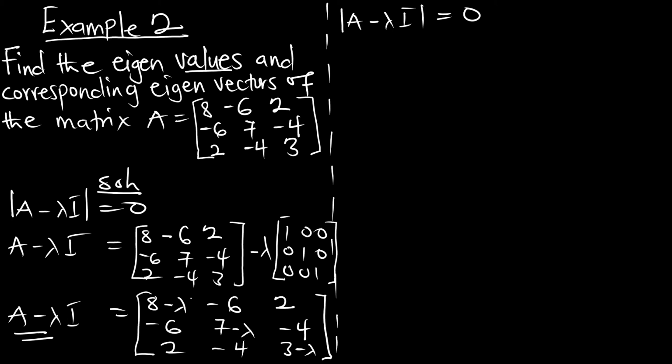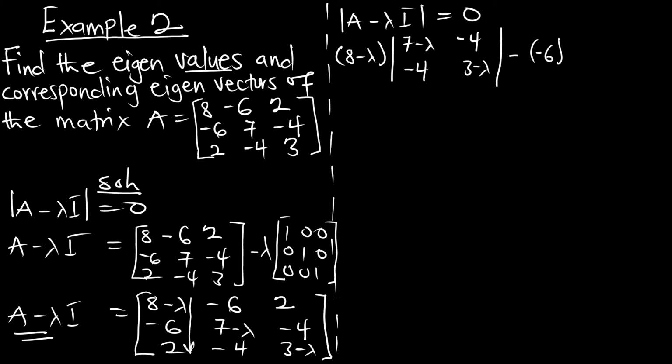So I'm going to consider the first column and use it to find the determinant. So that is going to give me my 8 minus lambda multiplying the 2 by 2 matrix left, that is going to be 7 minus lambda, negative 4, and we also have negative 4, 3 minus lambda, minus 6, the 2 by 2 matrix, that is going to be negative 6, negative 4.